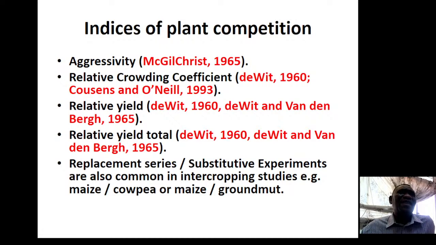The concept of relative yield, again from DeWitt, 1960, DeWitt and Van Den Bergh in 1965. Relative yield total, again by the same authors.